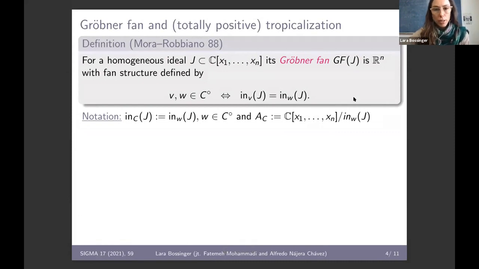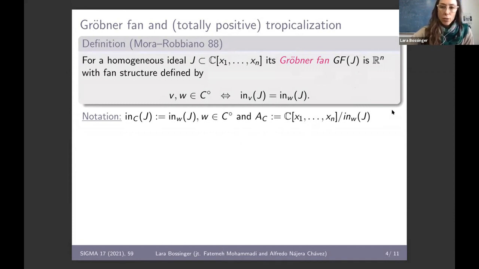So having introduced this fan structure, I can talk about the initial ideal associated to a cone rather than just a weight, which is simply defined by taking any representative in the interior of the cone. And I will denote the quotient of the polynomial ring by the initial ideal by this A_C.